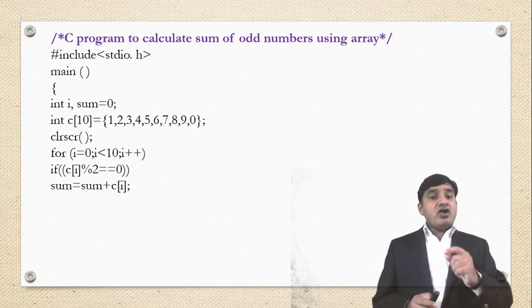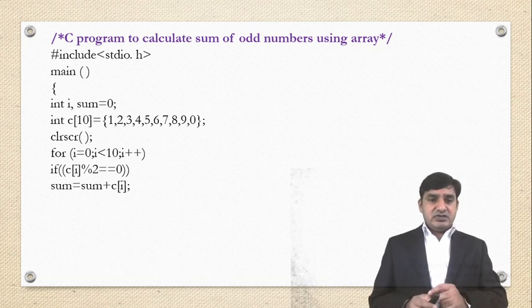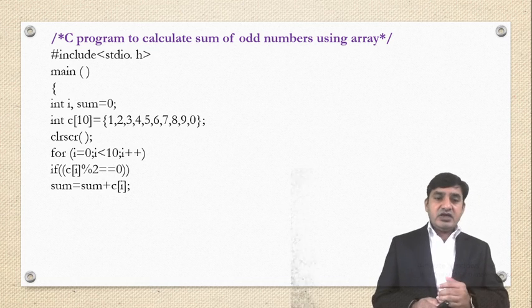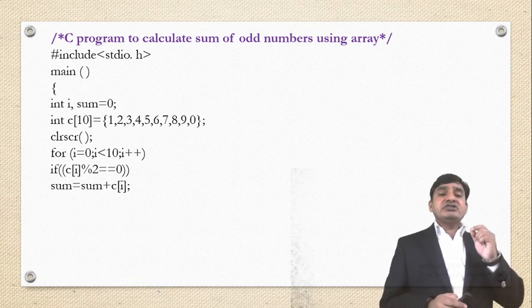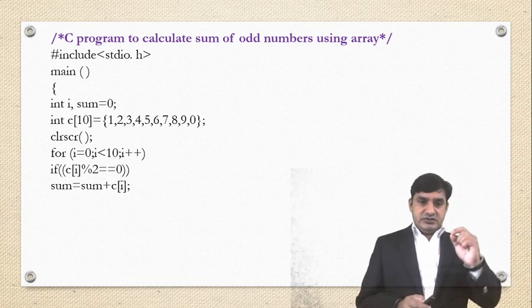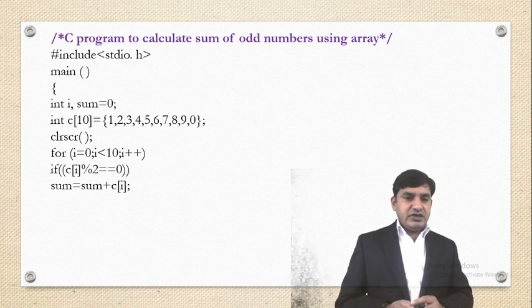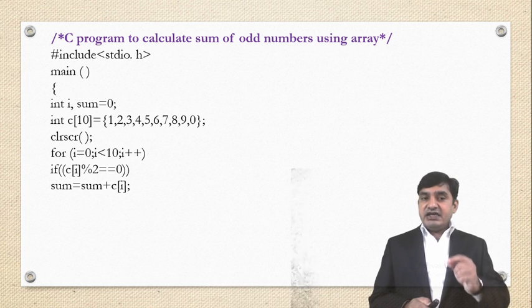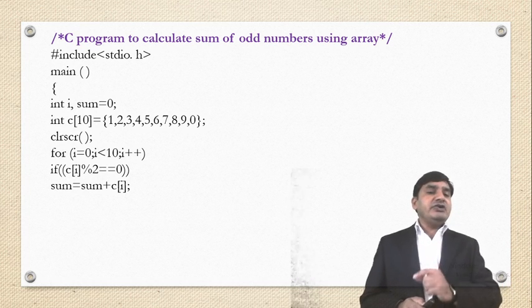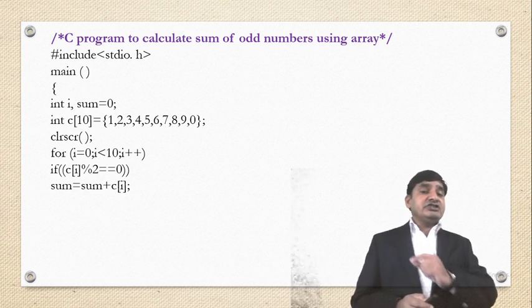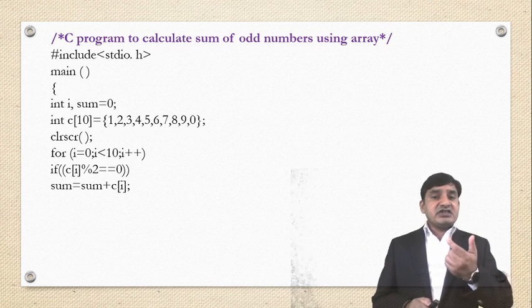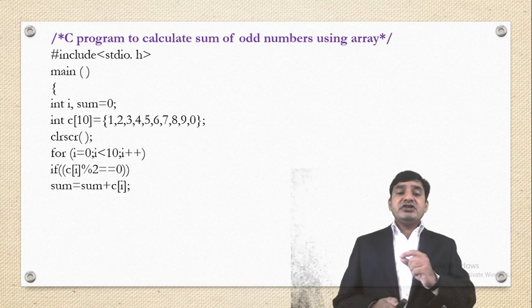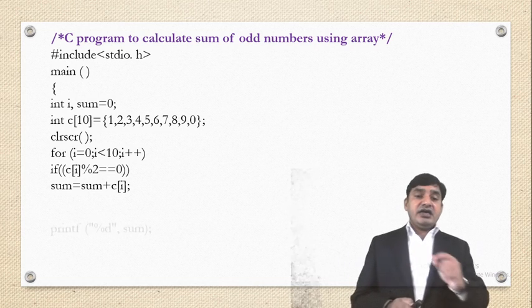Now all these numbers we have to identify. For that we use an if statement. c[i], that is the array, is divided by 2 and if the remainder is 0, if this condition is satisfied, then sum is equal to sum plus c[i].